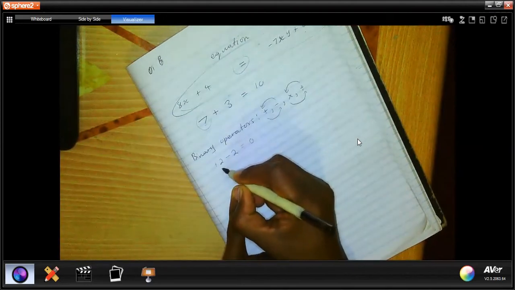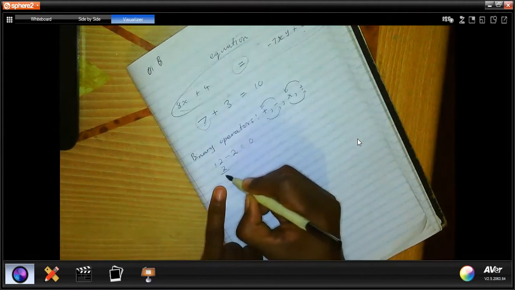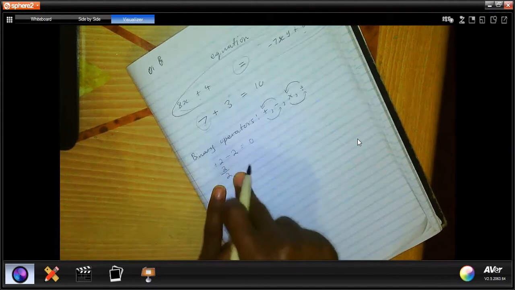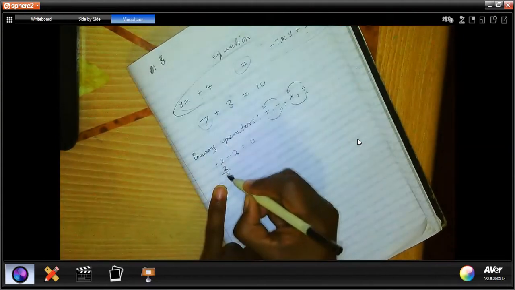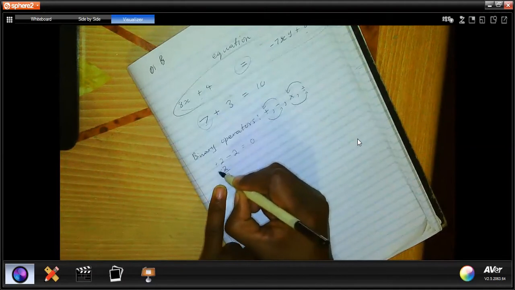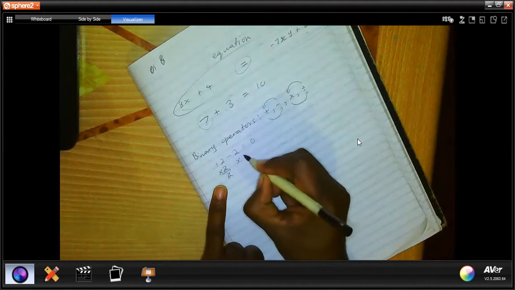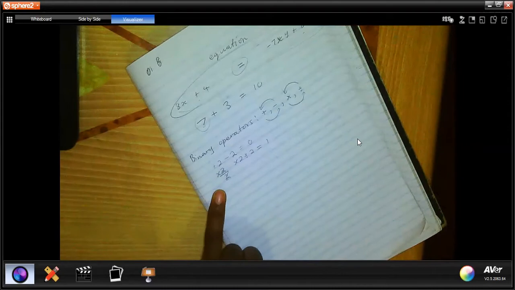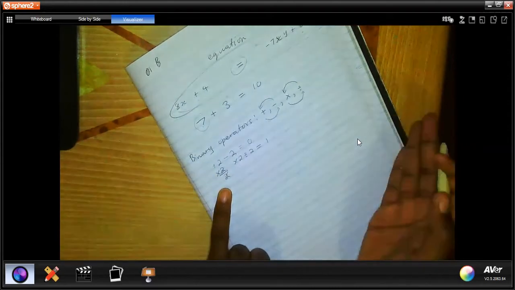Now if I have a 2 and then I want to remove this 2 such that whatever multiplies this 2 does not change, I have to divide by 2, because remember the opposite of times 2 is to divide by 2. What do I get? A 1. Remember, anything multiplied by 1 does not change. Anything added by 0 does not change.